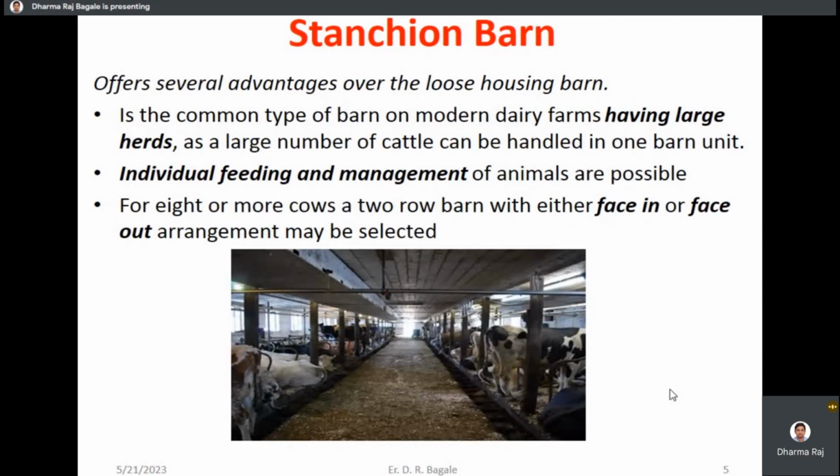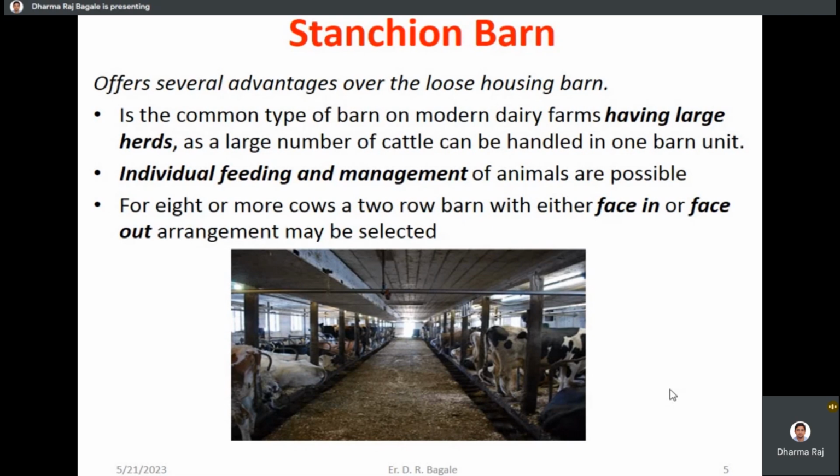When keeping these cows in two rows, it may be face in type or face out type. We also call it the head to head system and tail to tail system. Here in the picture you can see the tail to tail system.